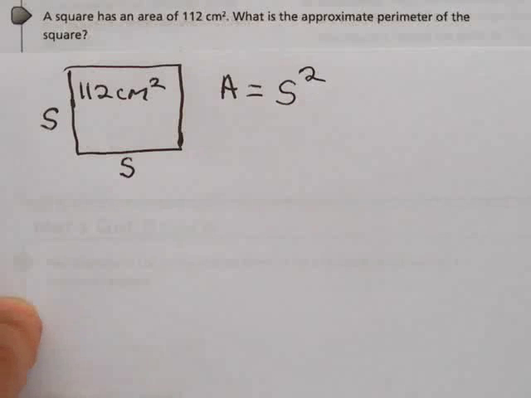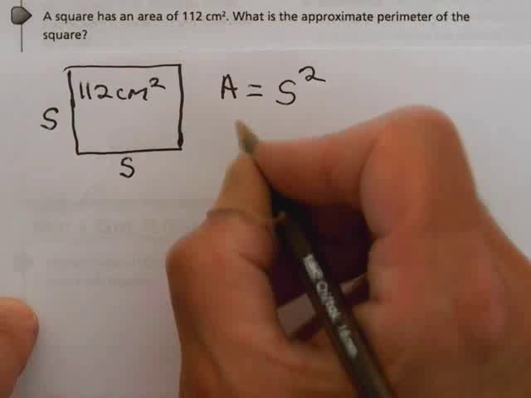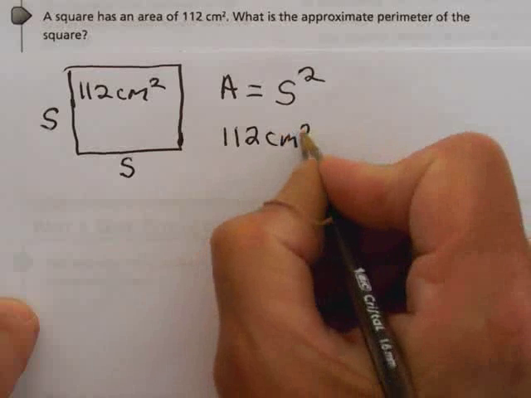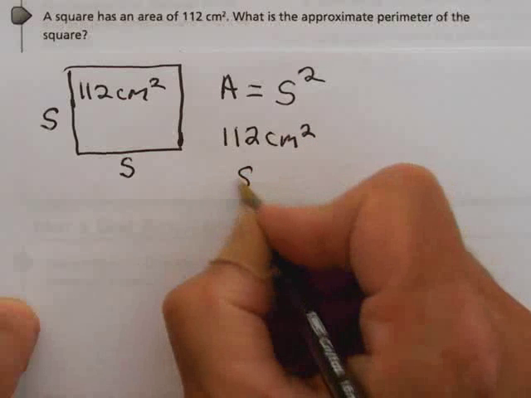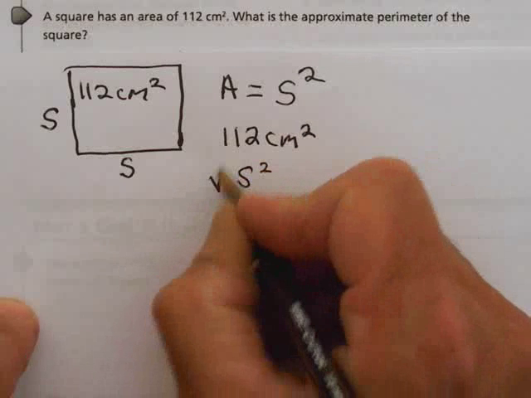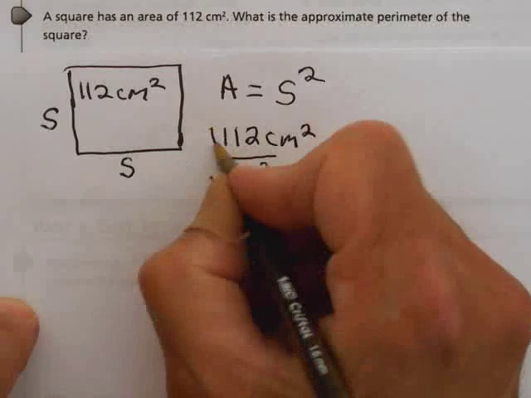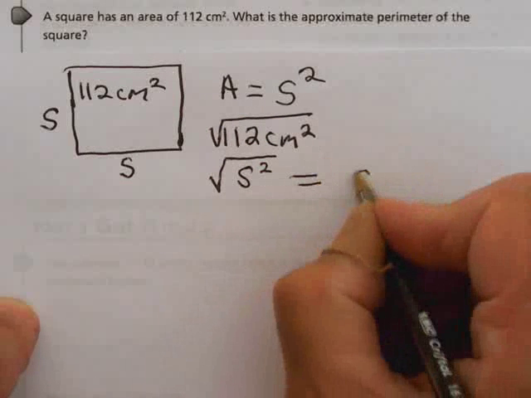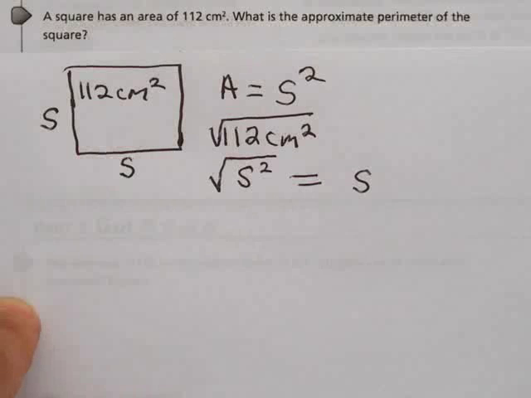That means that if I take the area of the square, in other words, 112 centimeters squared, or S squared, if you did it algebraically, and I take its square root, well, the square root of S squared, of course, is S. S times S is S squared. The square root of S squared would be S.